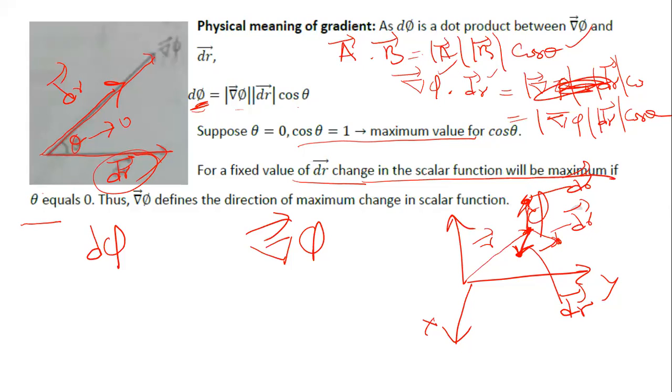So what we can see here is that grad phi defines the direction of maximum change in the scalar function in space. Okay, grad phi defines the direction of maximum change in the scalar function in space.